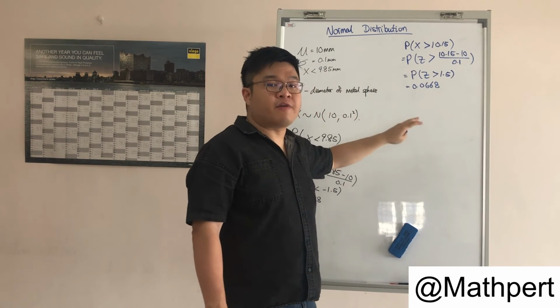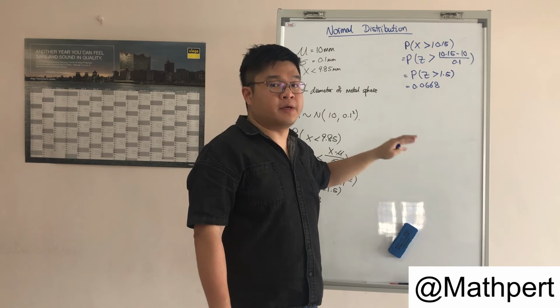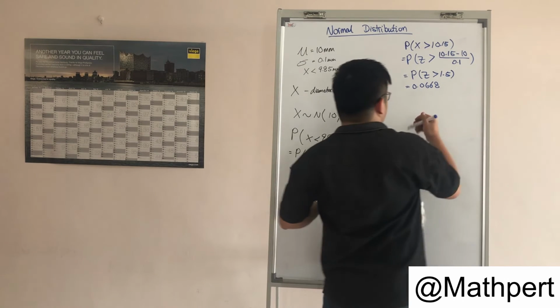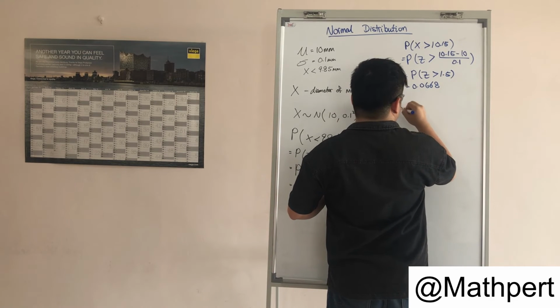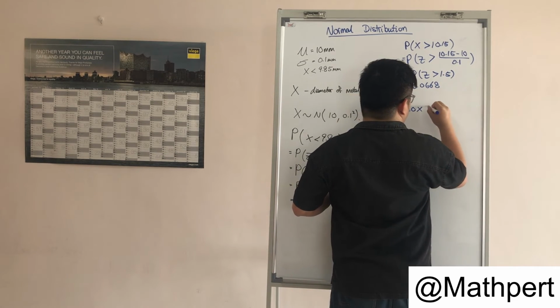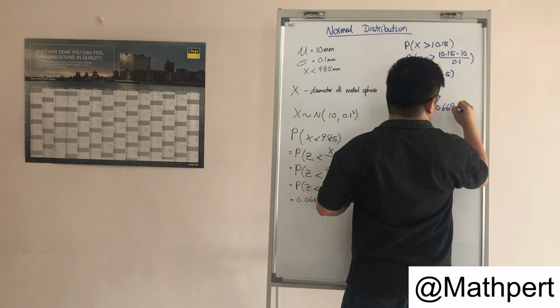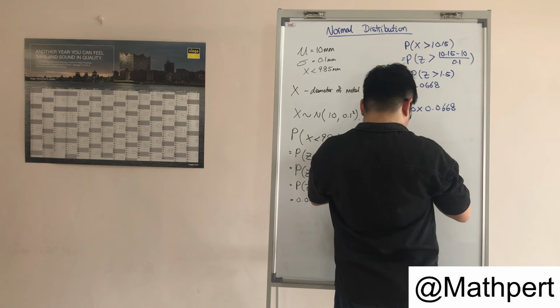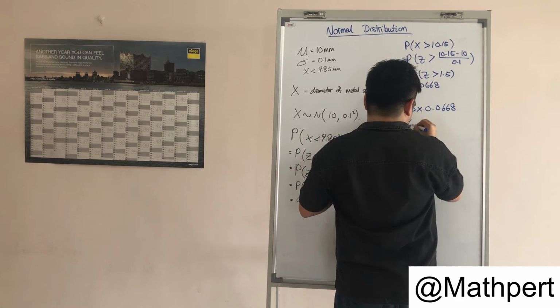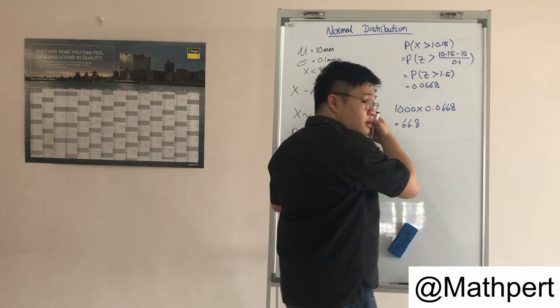So let's say the factory produces 1000 metal spheres every day, so we multiply 1000 by 0.0668, and we get 66.8 metal spheres.